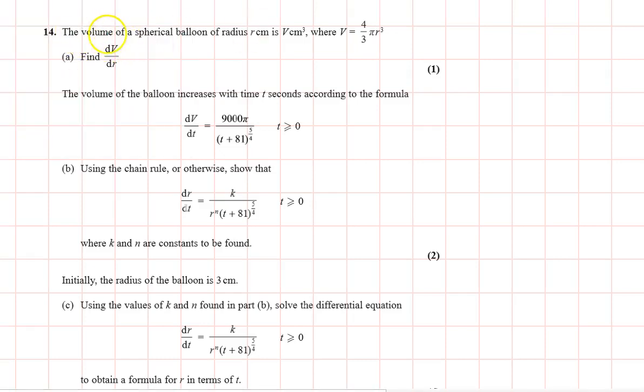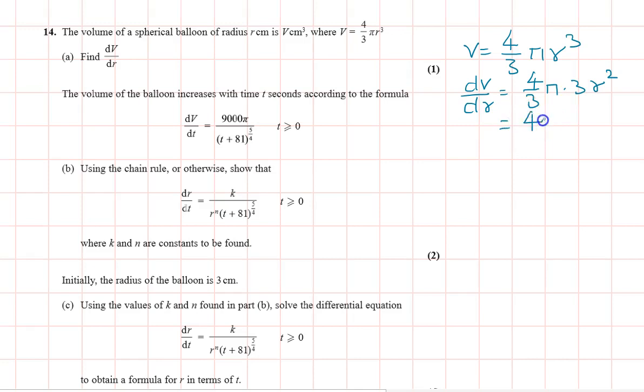Next question is, the volume of a spherical balloon of radius r centimeter, V, is equal to 4 over 3 pi r cube. So dV over dr is 4 over 3 pi, that is a constant, r cube is 3r square.